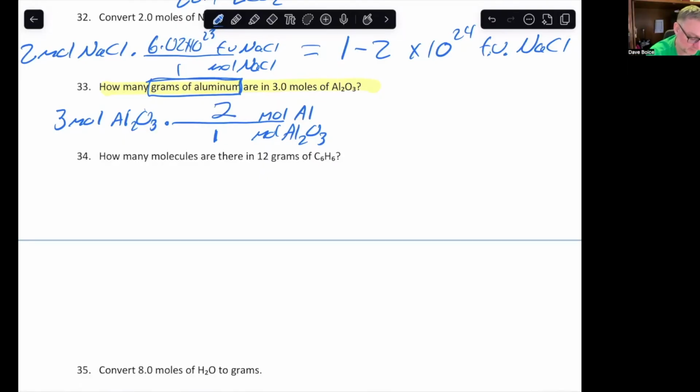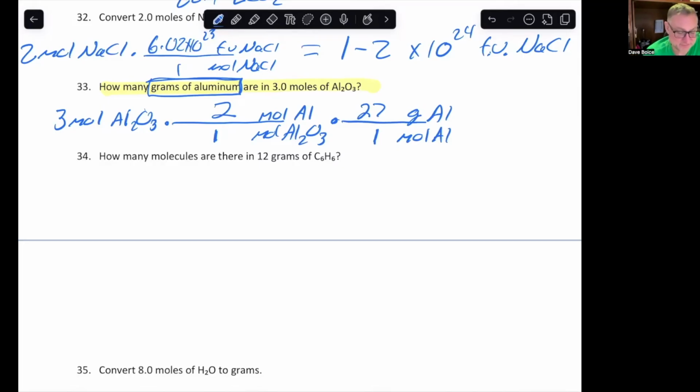1 mole of Al2O3 has 2 moles of aluminum. And then I move to just moles of aluminum, and I want grams, so grams of just aluminum itself. And 1 mole of aluminum has 27 grams. So this is a 2-step. This one can be a little bit tricky. Even I kind of didn't notice it for a second there.